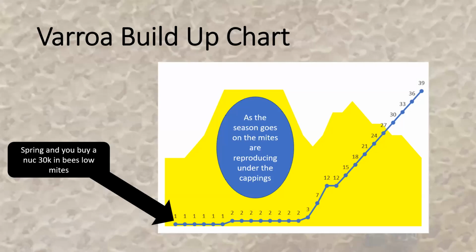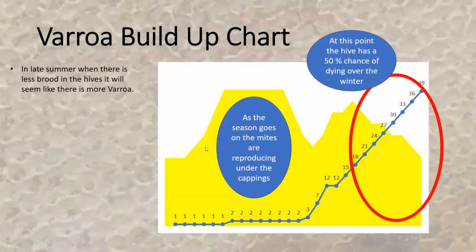As spring goes on and my bees build up, that varroa mite population is building up too, because there's a lot of brood for them to parasitize. About April 1st is when we'll see this 2 here. This 2 is really what I'm looking for when I'm sampling in early spring.